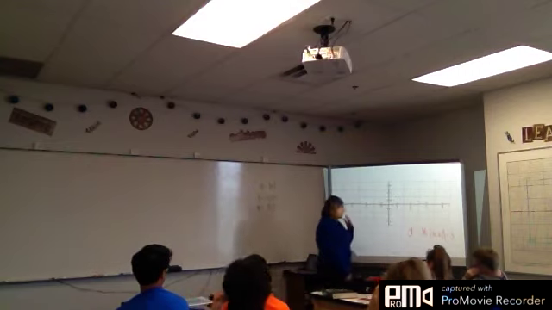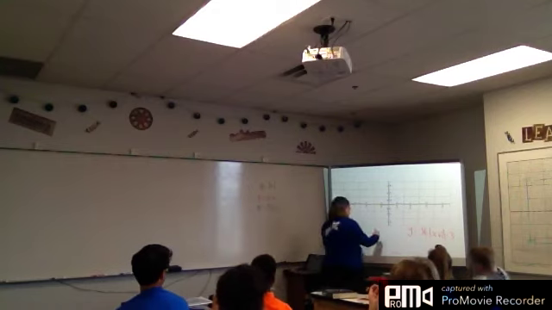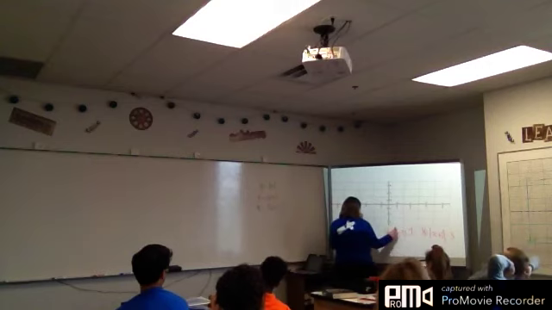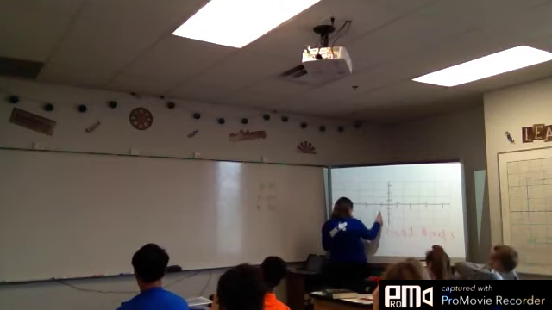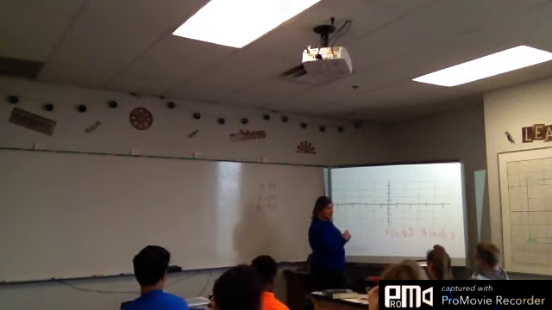How do I graph that? Always start with your vertex. Vertex is -1, -3. Okay, now what? It's flipping, so which way is it going to face? Down.